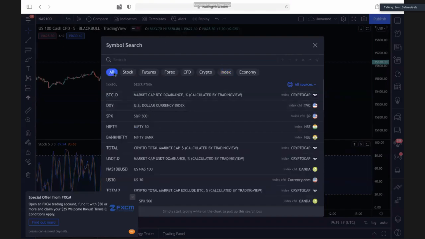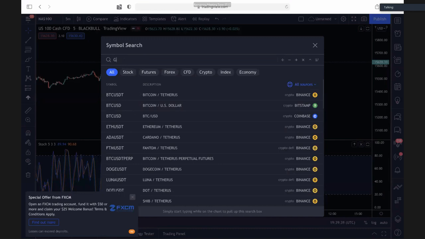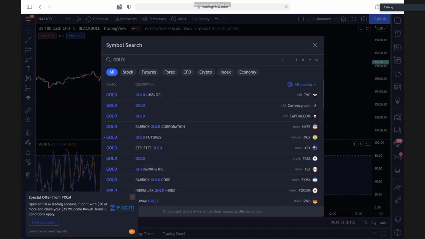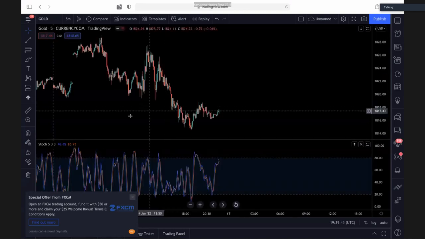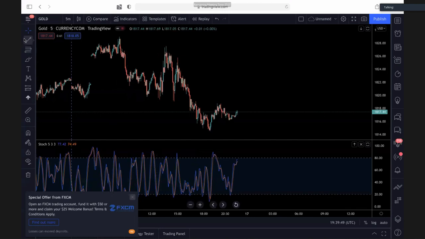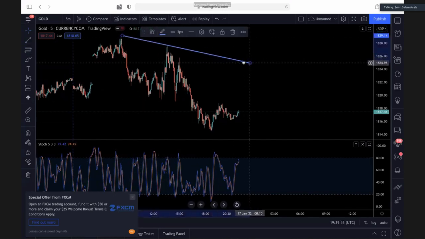So gold, okay, this is a clear formation of a structure here.